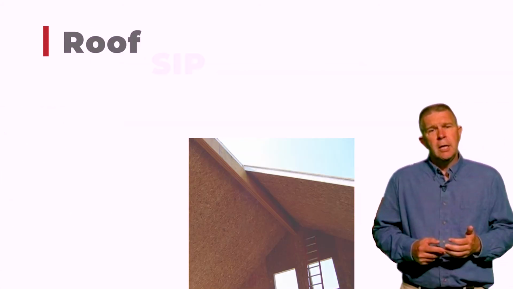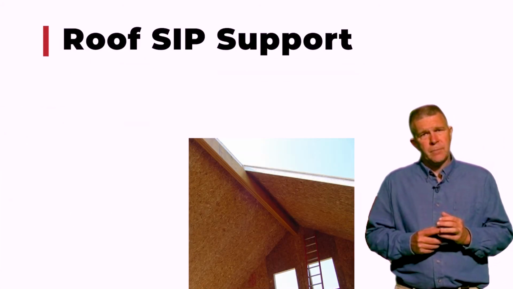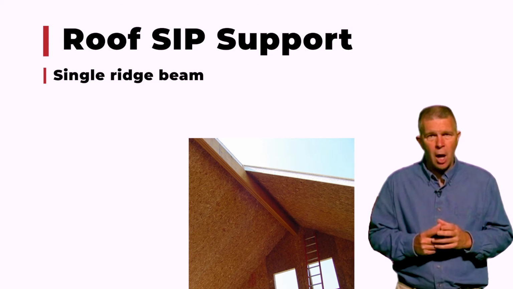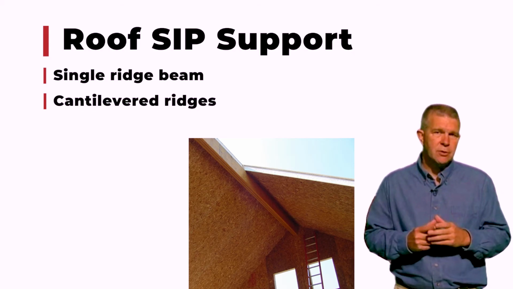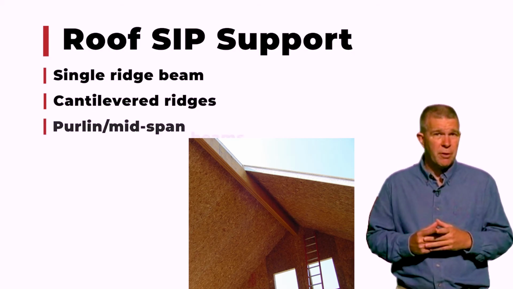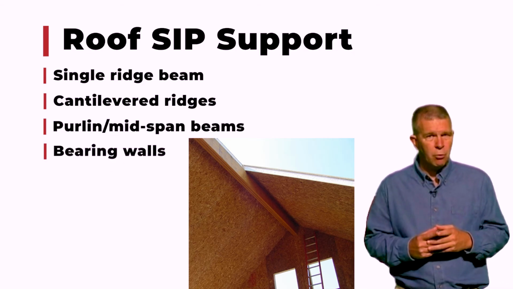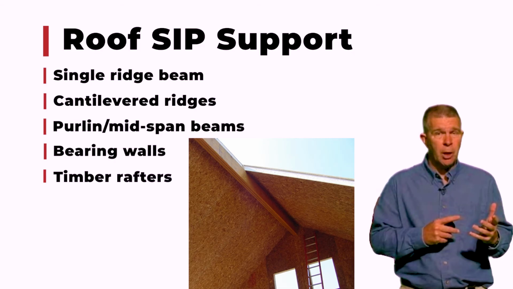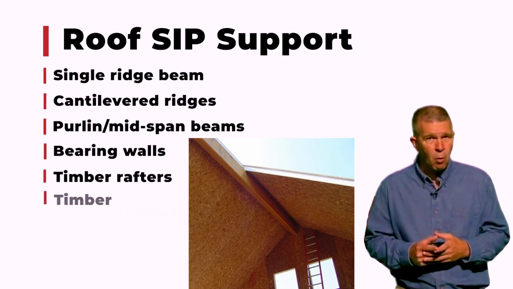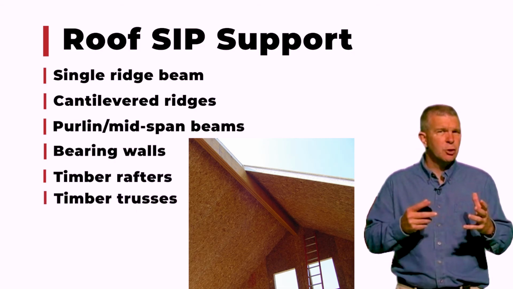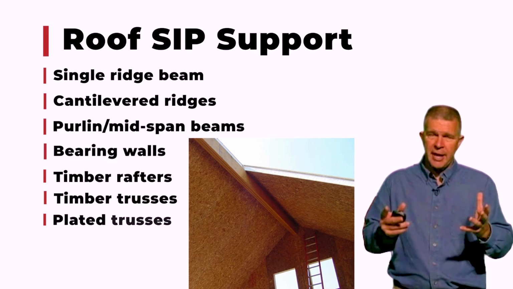The roof support structure, what's holding our SIP panels up, is one of the most important things that you, the builder, or just as important, the designer, will look at. There's all kinds of different options that you can use to hold the roof panels up, and what you hold up puts point loads in different areas in the walls, gives you different dramatic effects from an aesthetic standpoint.